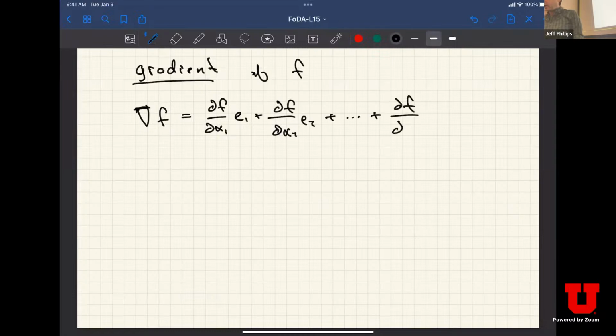If I can take all these partial derivatives, each of them is just like a one-dimensional, regular derivative.